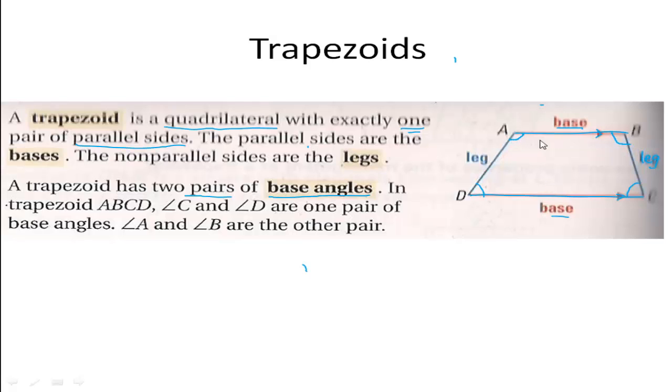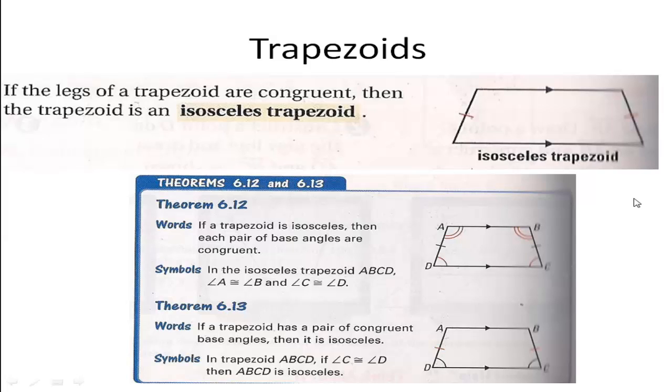These angles that I've singled out here are called base angles. Angle A and B are 1 pair, and angle D and C are another pair of base angles. And that's the general definition for a trapezoid.